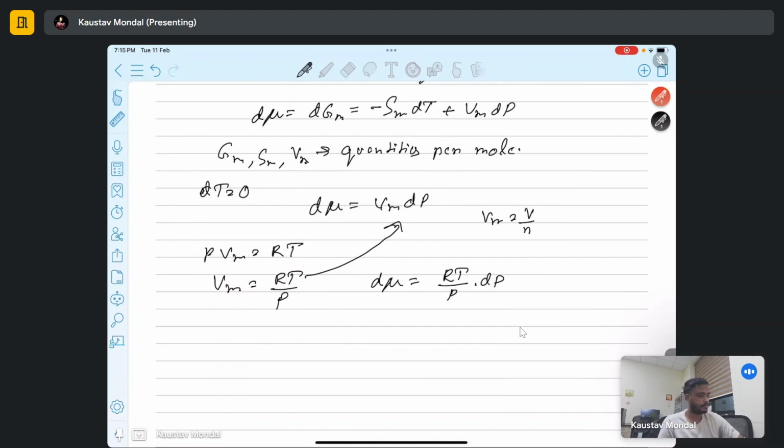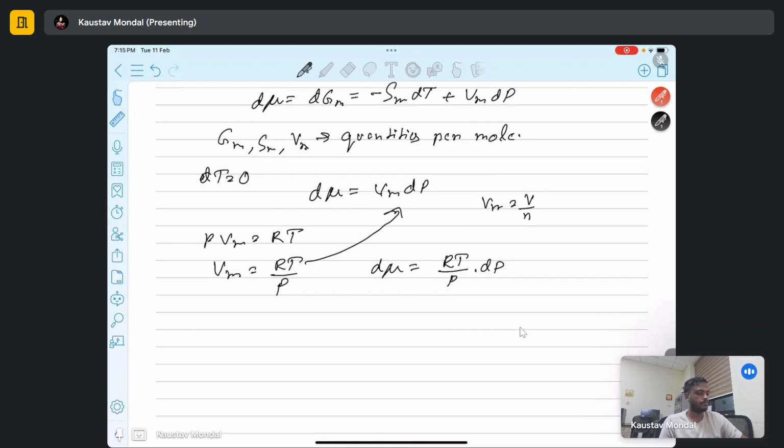Now if you do the integration, what will it give you?